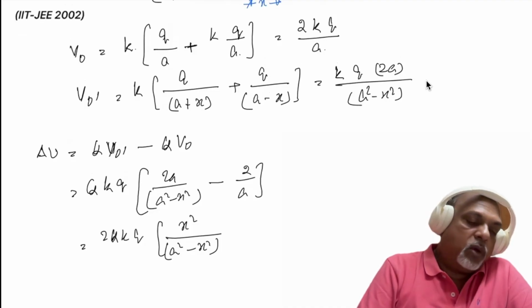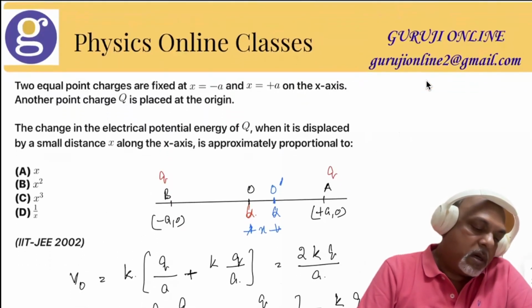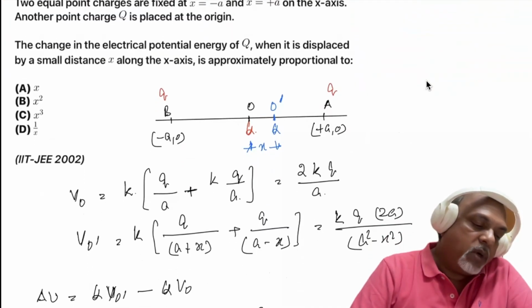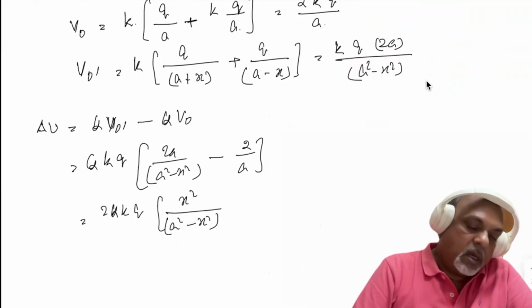Now, in the question, we have to find this proportion. The change in potential is proportional to this. Correct?